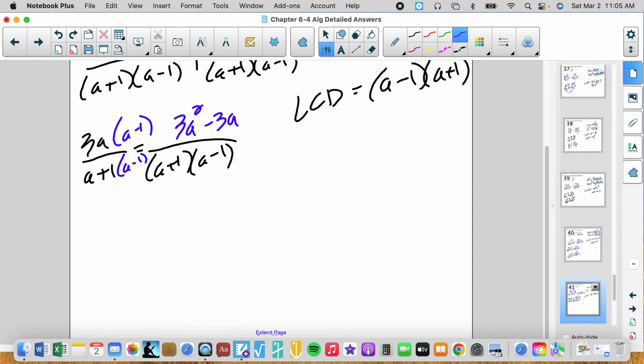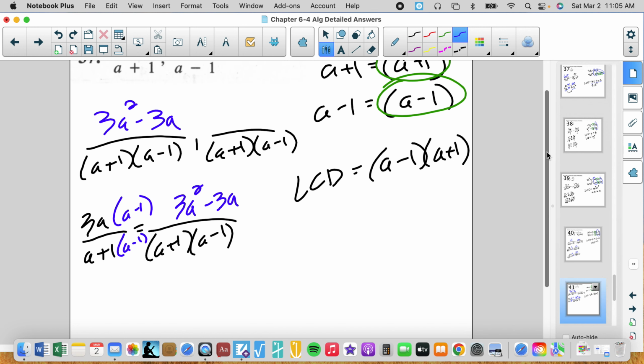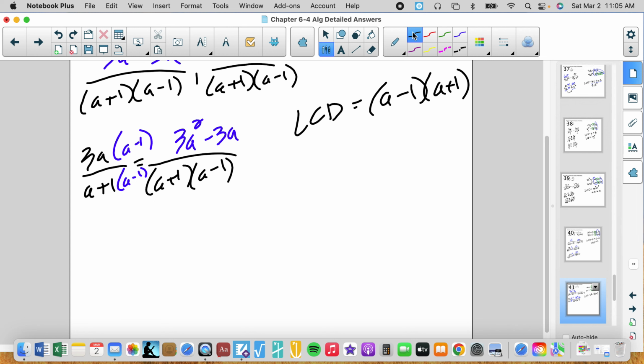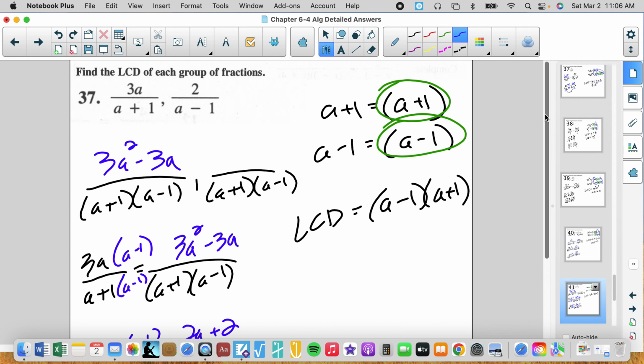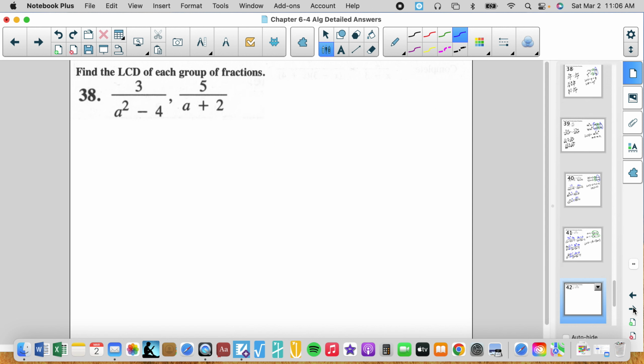If you watch the steps from the first problem, I'm doing the same exact thing for the steps later on. A minus 1, we have a plus 1. A minus 1, what are we going to multiply by? A plus 1. That's 2a plus 2. Good. Couple more.